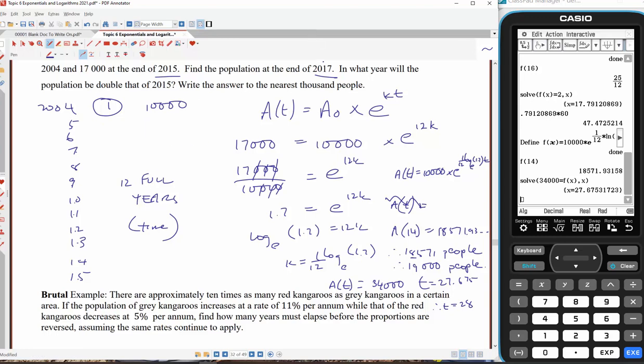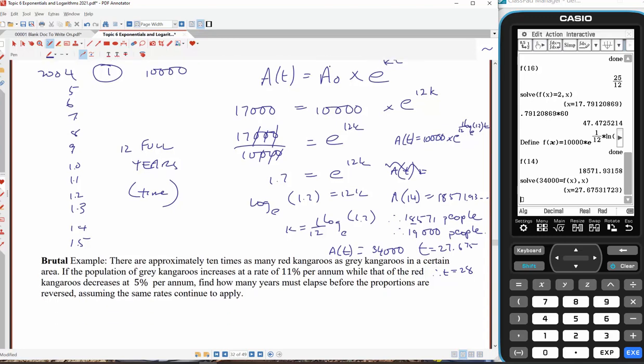So 2017 was 14. So add another 14 to get to 28. Add another 14 on this. So that's going to be 2031. So in 2031, this is going to happen.